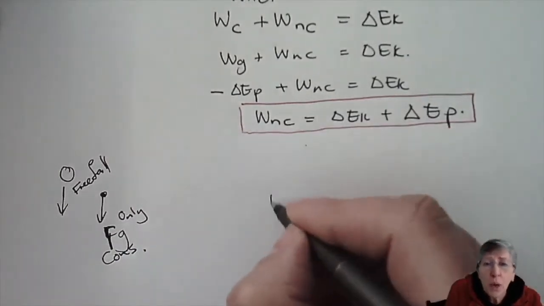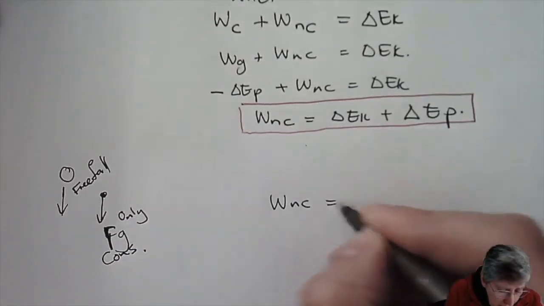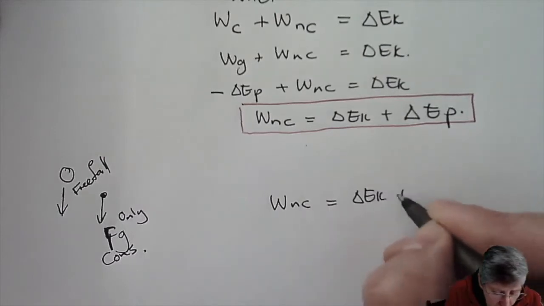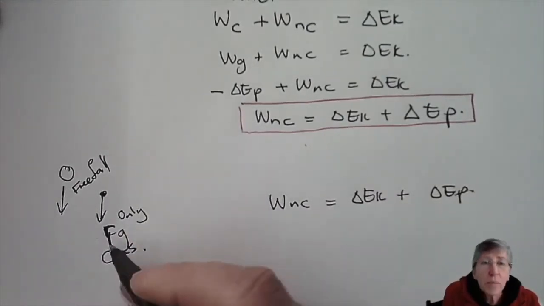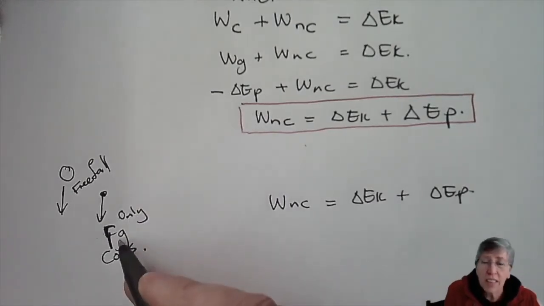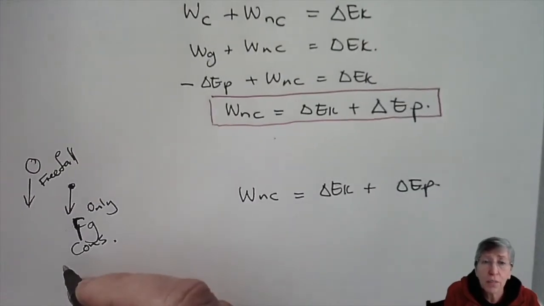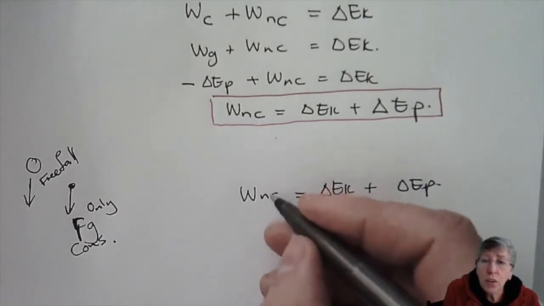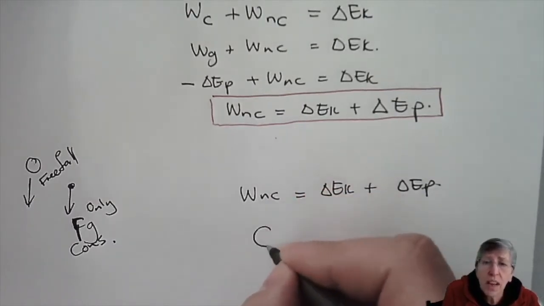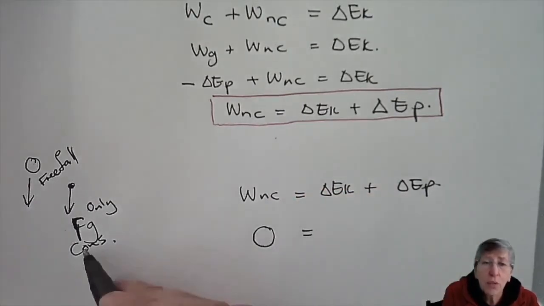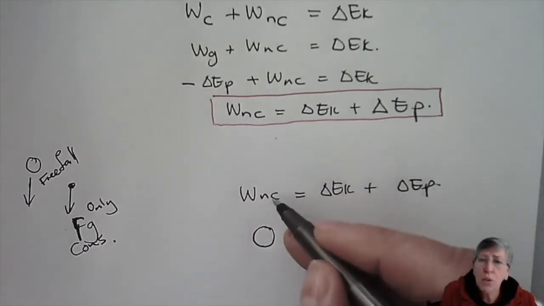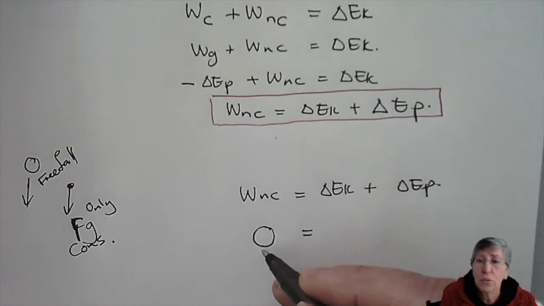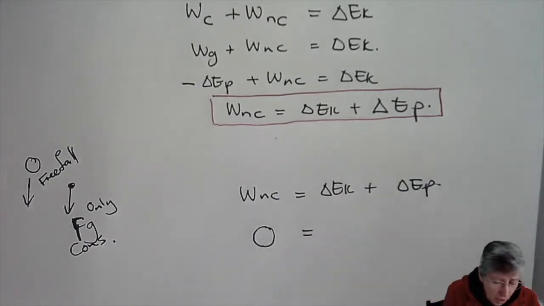So if we work with W nc equal change in EK plus change in EP, if I'm working with something where there's only gravity, which is conservative, there's no non-conservative forces. So then we'll have a 0 there. If you've got only gravity that is conservative, you have no non-conservative forces to do work. Right, so that's a 0.